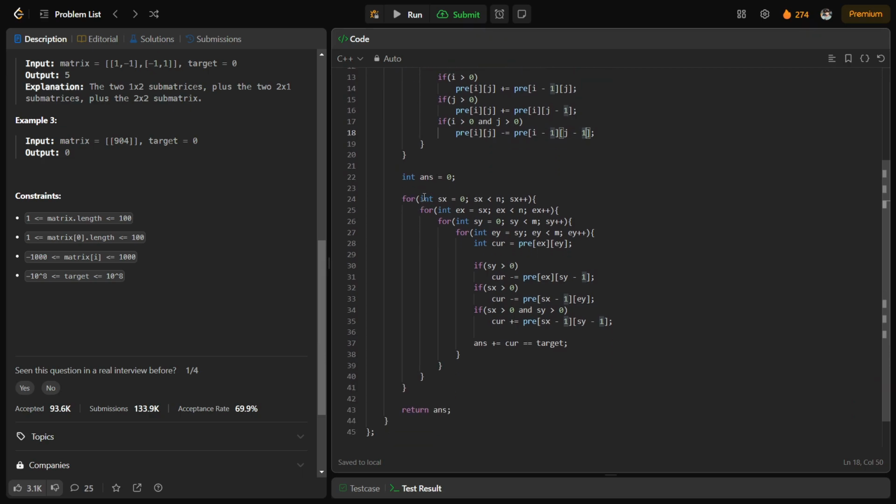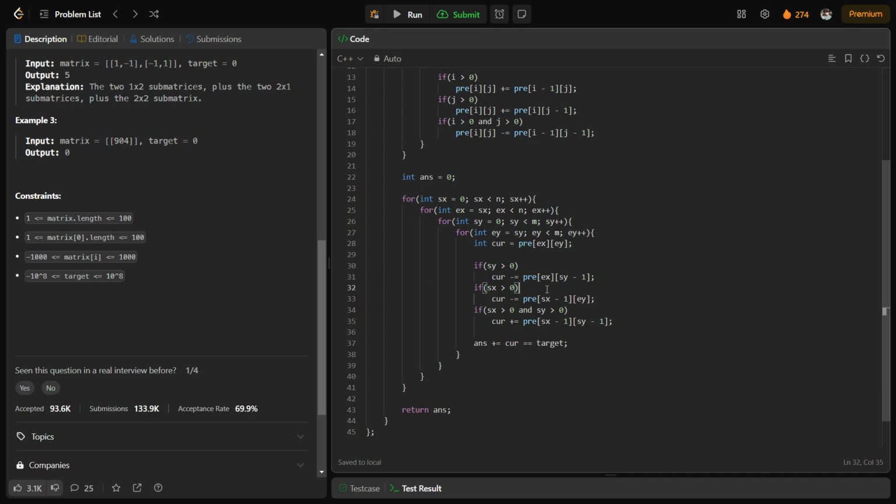Now I initialize my answer with 0. I have 4 for loops. First one is sx, then it is end x, sy, and then end y. Now you can clearly see that end x is always starting from sx, so that it is greater than or equal to sx. Similarly, my end y is starting from sy, so that it is greater than or equal to sy. Now we initialize my current with prefix of ex ey. Now if sy is greater than 0, I am going to subtract prefix of ex sy minus 1.